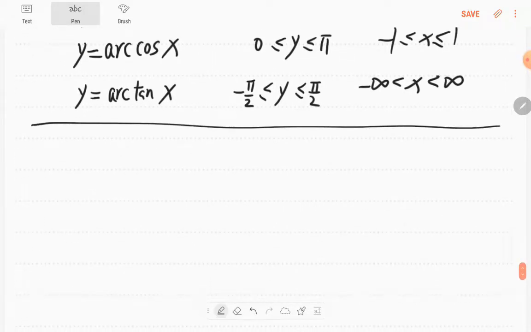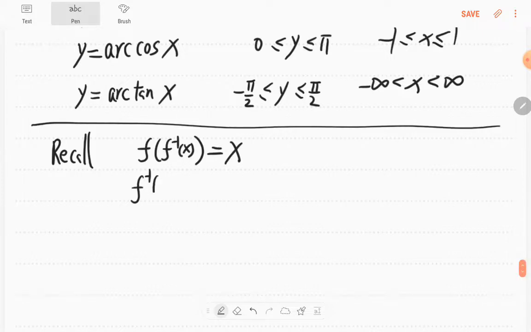Okay, so now let's look at some operations for the arc sine, arc cosine, arc tangent. Let's recall that if we have a function f and its inverse, f inverse, then we have this property: f of f inverse of x should be equal to x, and f inverse of f of x should also be equal to x, right?